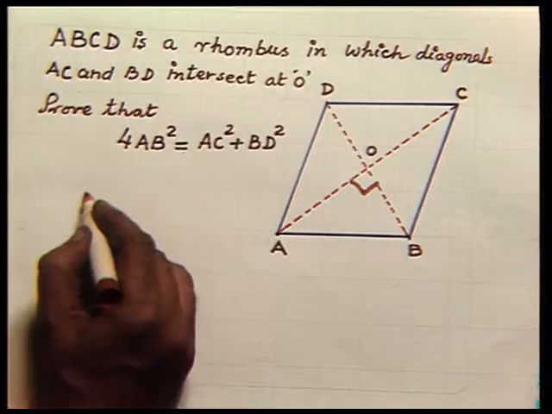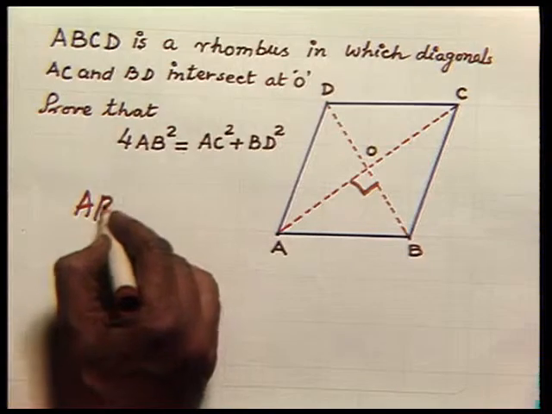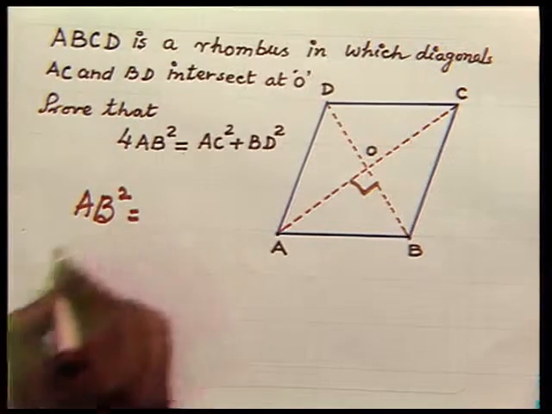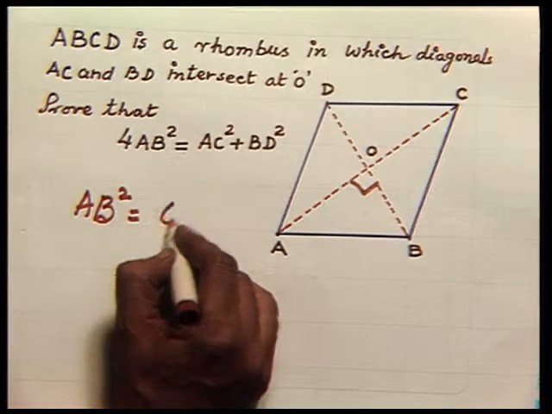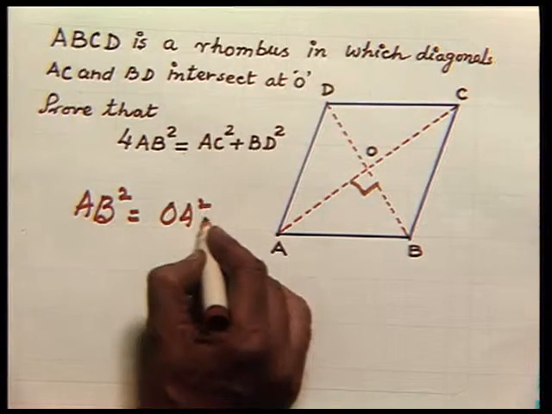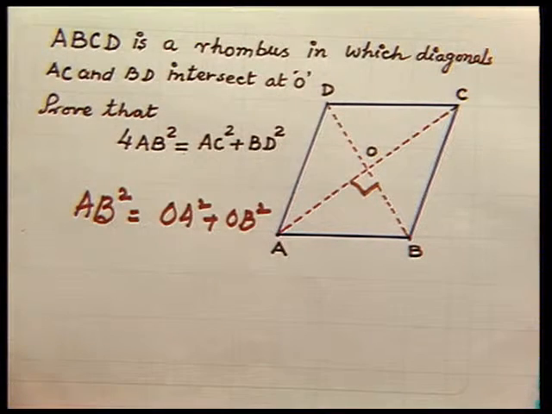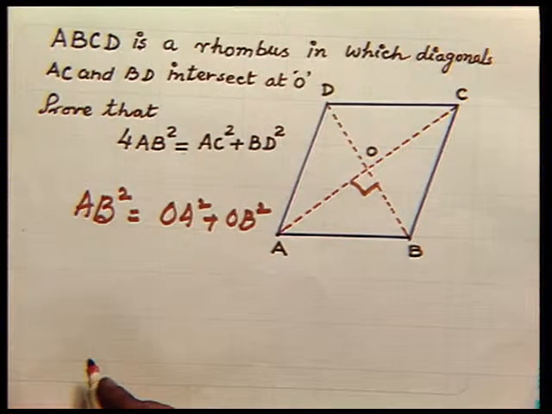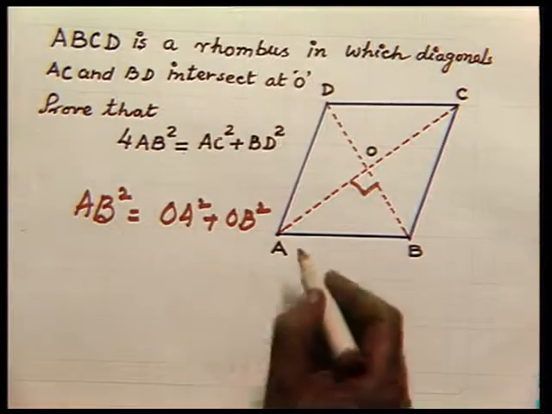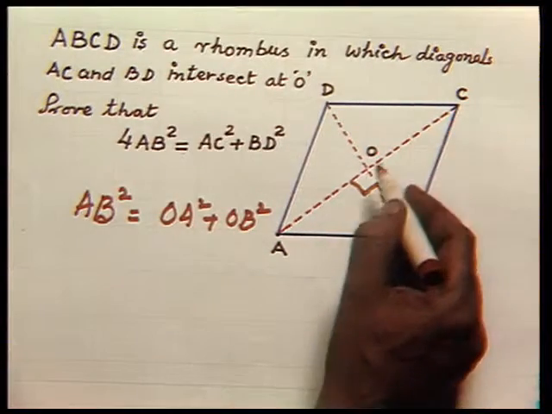So, if this angle is 90, the side opposite to it, AB, becomes the hypotenuse. So, we can write that AB squared is equal to OA squared plus OB squared. And can you recall by which theorem we are saying so? This is by Pythagoras theorem. And the other property of the rhombus is that diagonals bisect each other at right angles.